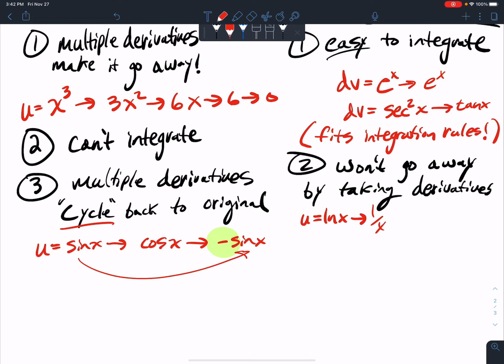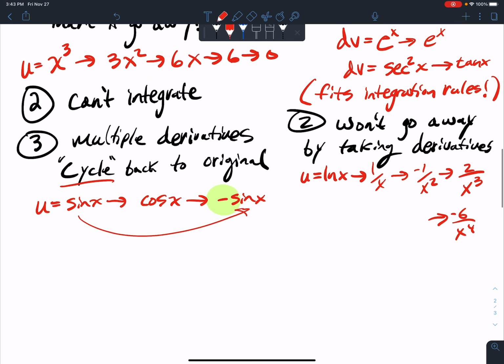I get 1 over x. What happens when I take the derivative of 1 over x? I get negative 1 over x squared. Take the derivative of that, I get 2 over x cubed, and then negative 6 over x to the fourth. And it just keeps getting worse and worse and worse, right? Hopefully I did those derivatives correctly, check my math on it.